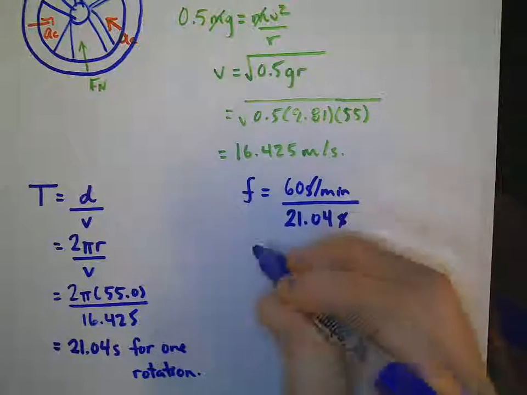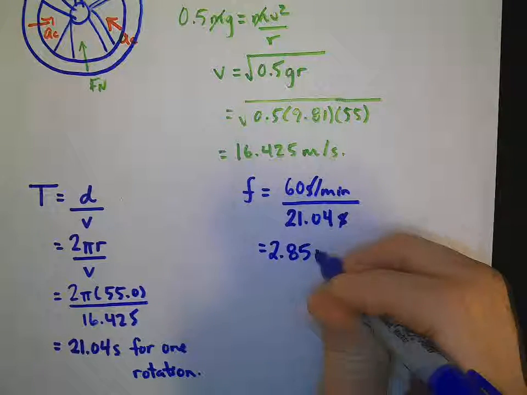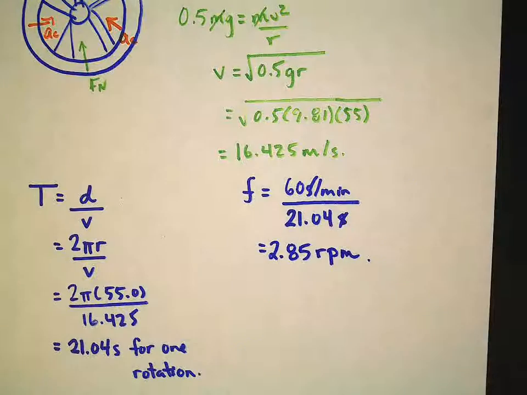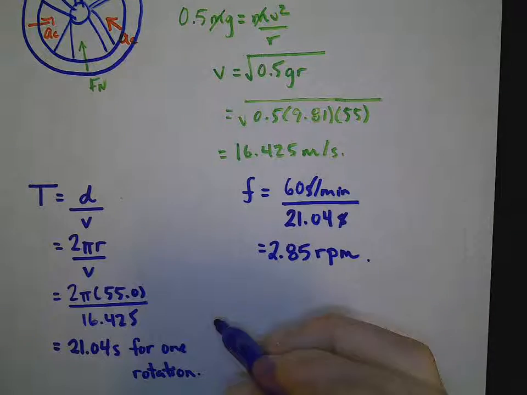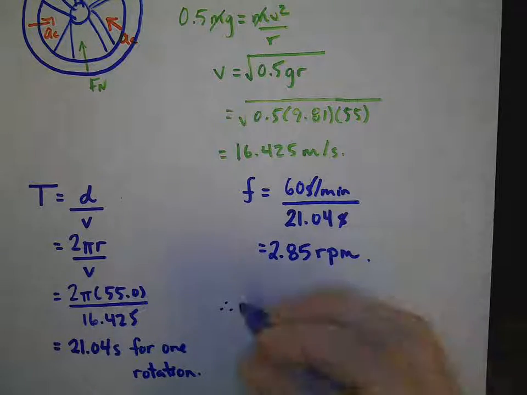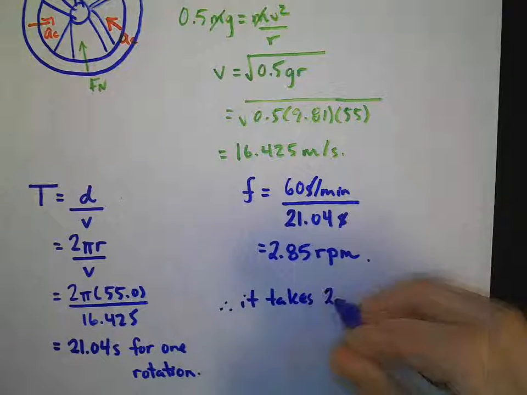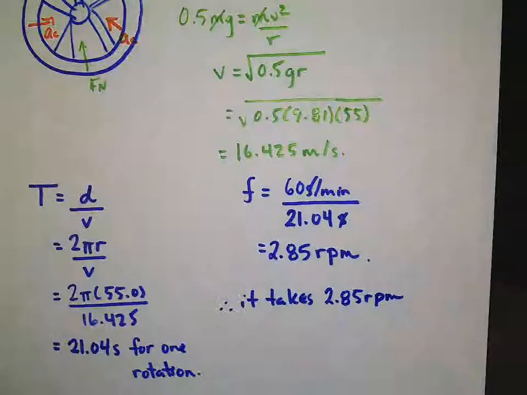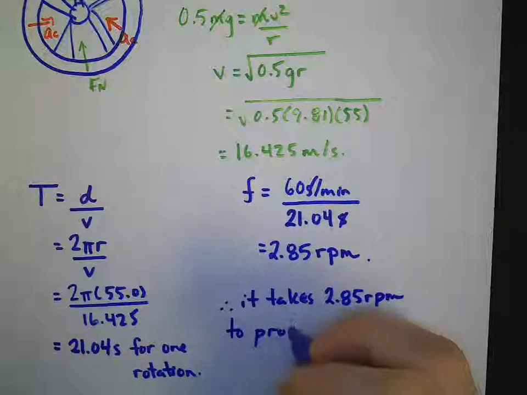And what that tells us is that it takes about 2.85 revolutions per minute so that we will have half of the Earth's gravity. So 2.85 revolutions per minute to produce this force.